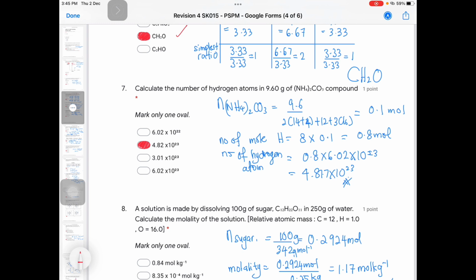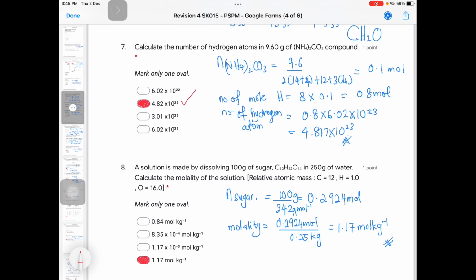Jadi bilangan mol hidrogen ialah ada 8 atom hidrogen, 4 times 2, 8, so 8 times 0.1, 0.8. Jadi 0.8 times 6.02 times 10 to the power 23, kita dapat 4.817 times 10 to the power 23. Jadi the answer is option yang kedua.